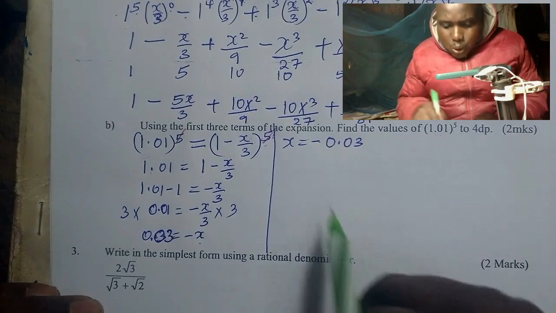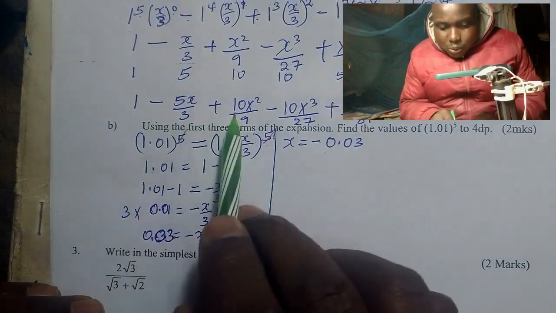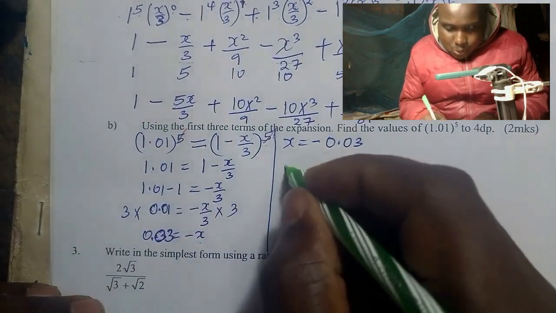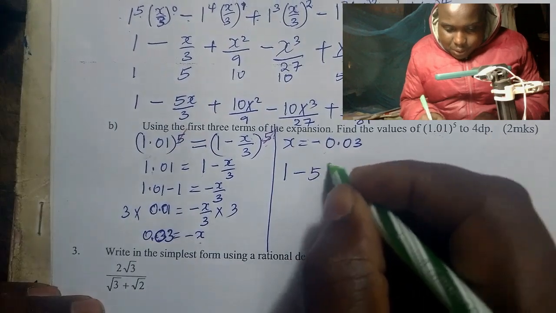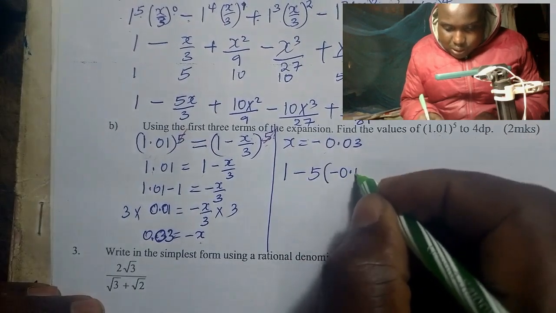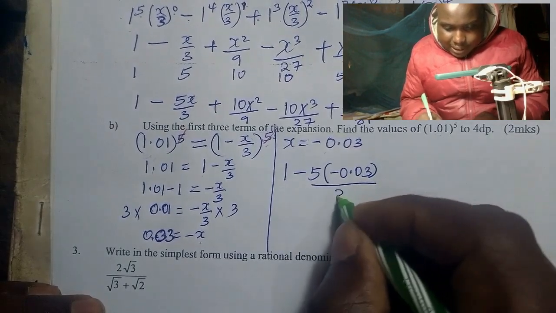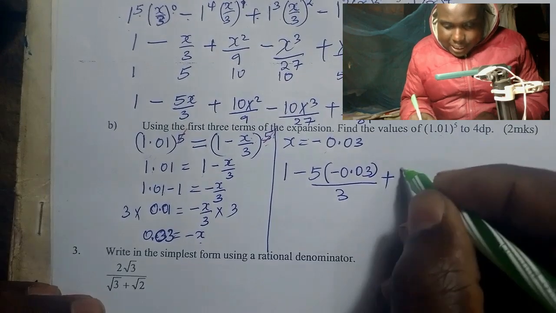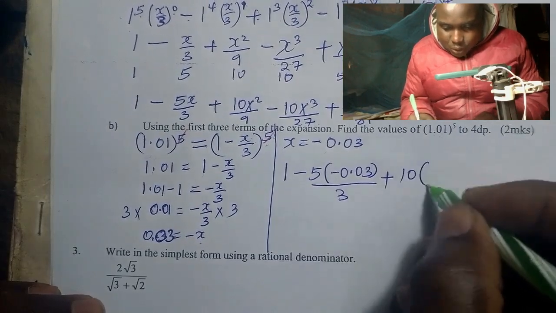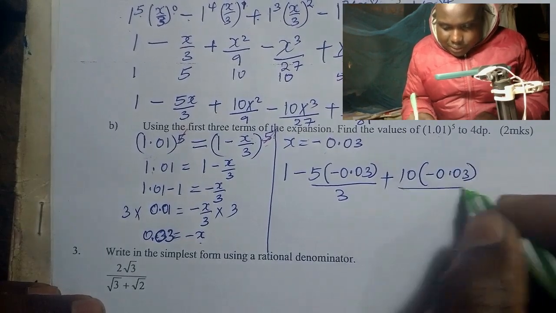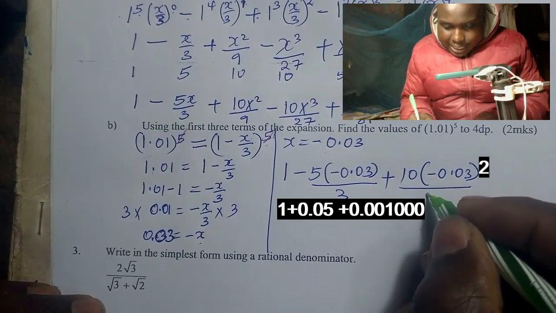Now what we do, we substitute this into this equation for the first three terms, 1, 2, 3. So it is 1 minus 5 into negative 0.03, divided by 3, plus 10 into negative 0.03 squared, divided by 9.